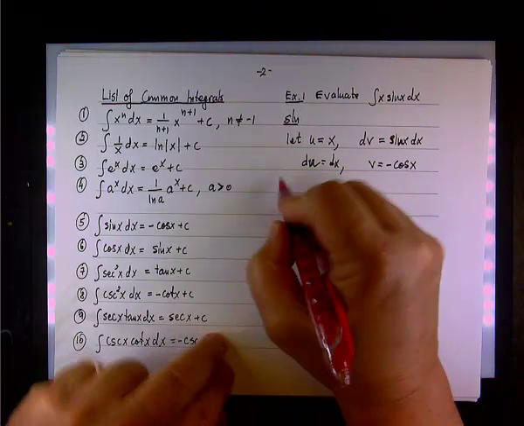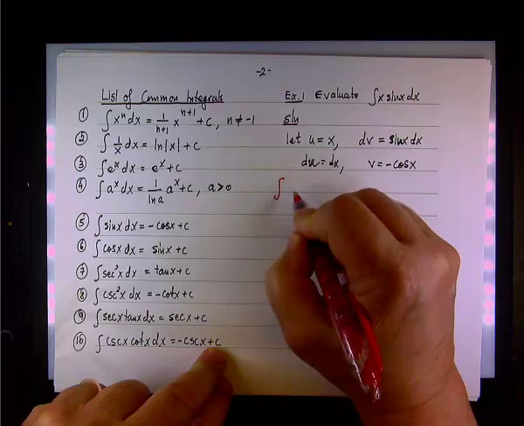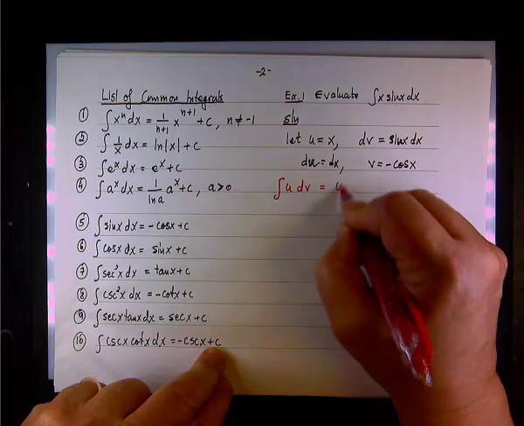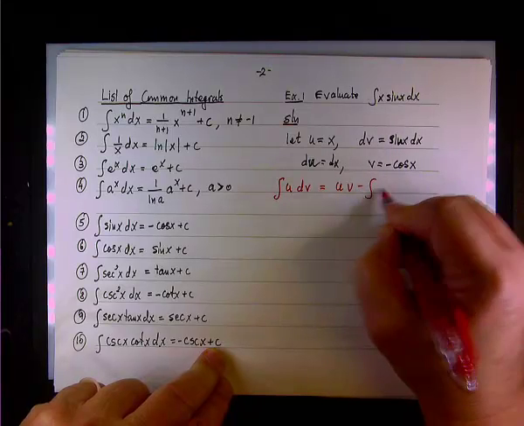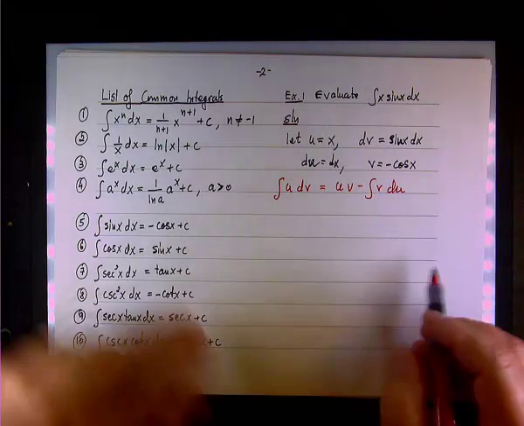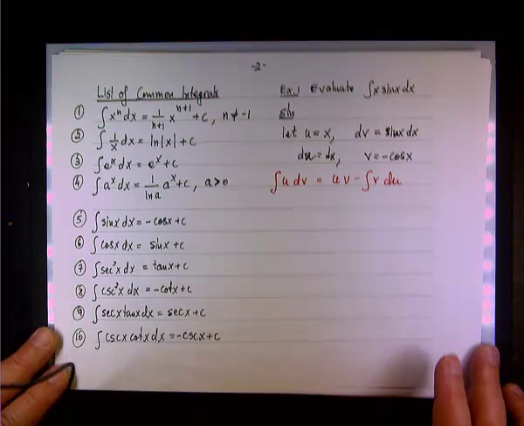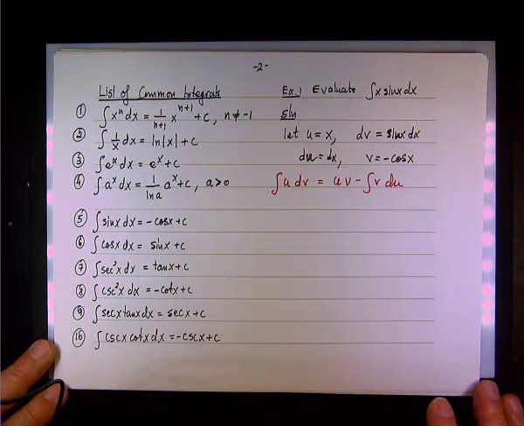Okay, so here's what I'm going to do. Let me write the rule in red, and underneath the rule, I'll write each of the components. So the rule says the following: the integral of u dv equals uv minus the integral of v du. I really recommend that you write it and say it, either with a silent voice that echoes in your head, or even say it aloud.